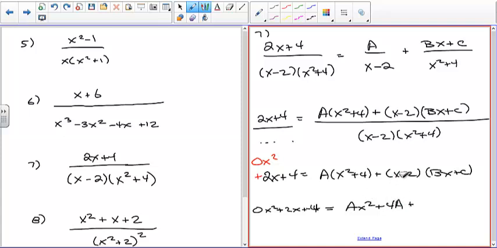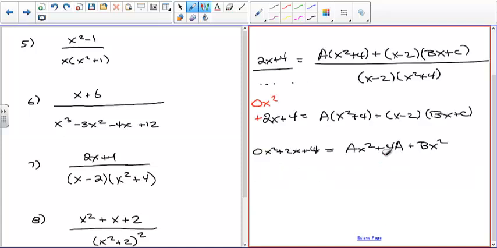For the second part we use FOIL, so you've got bx times x, which is bx squared. Then we have cx, and then you got a negative sign for the next one, so x times c. Then you've got negative 2 times b times x, negative 2bx. So that's inner, and then we have last, which is negative 2c.